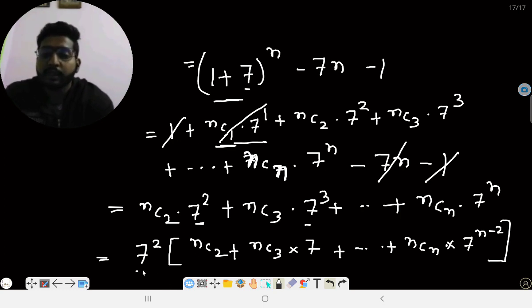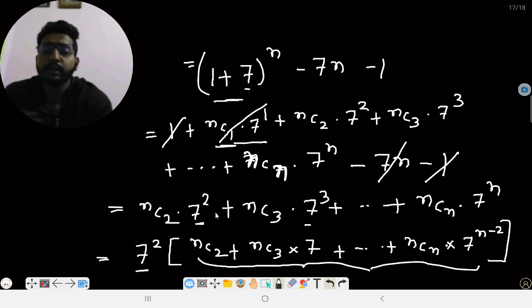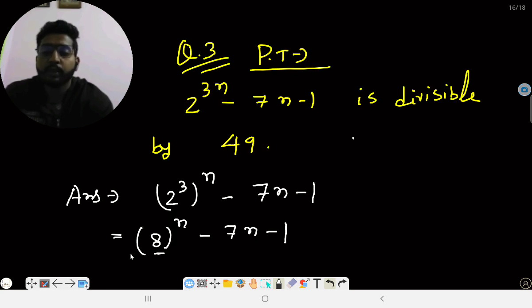Now you can say this is 7 square, 49, and this is an integer. If I solve this one, that will become an integer, so it's 49 into some integer, we can write it as k, so 49k.